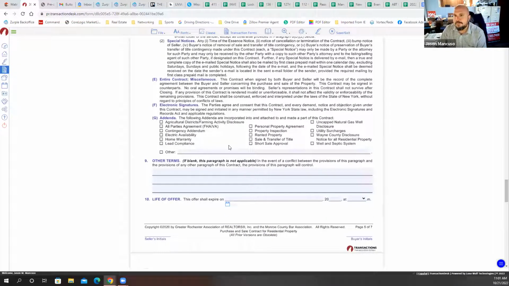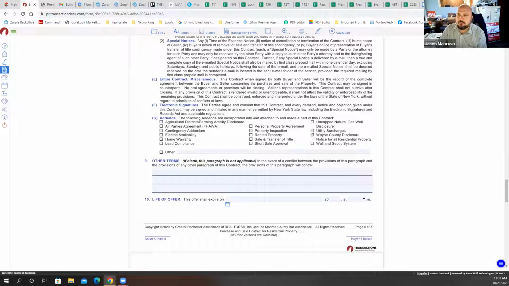So we're almost done. This part G here, the addenda, is very important. This is all the other addendums that are going to be attached to the contract to make it a complete contract. So you have to have these boxes checked technically in order for it to be part of the actual contract.